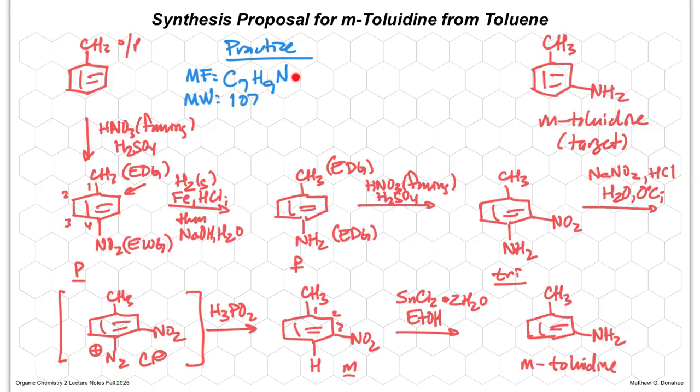So whenever you have an odd number of nitrogens, the hydrogen count is going to be odd, and therefore the molecular weight will be odd. How many degrees of unsaturation are there? So there's 4. It's 1 ring plus 3 pi bonds.